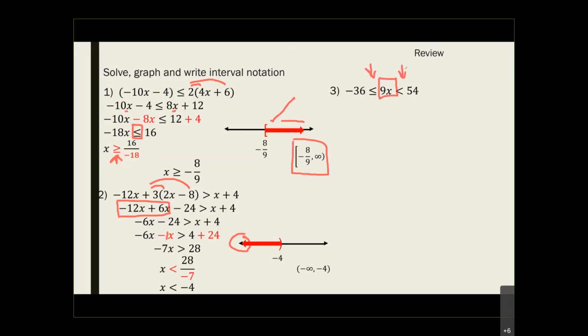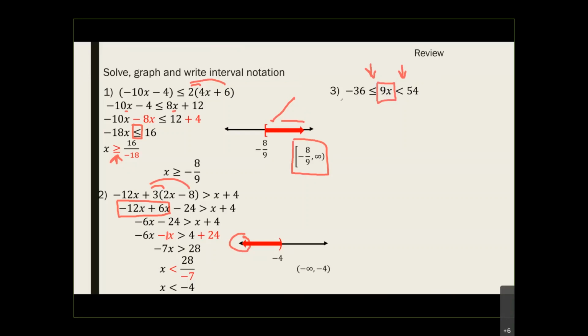Whatever is in the center, your goal is to get rid of this thing to get x by itself.